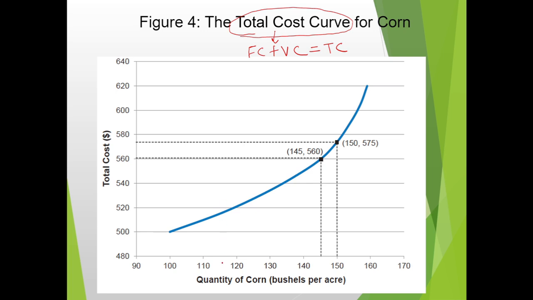In this graph, you can see total cost is on the vertical axis, and on the horizontal axis we have quantity of corn. So this graph which you're seeing is the total cost curve, that is variable cost plus fixed cost, right?